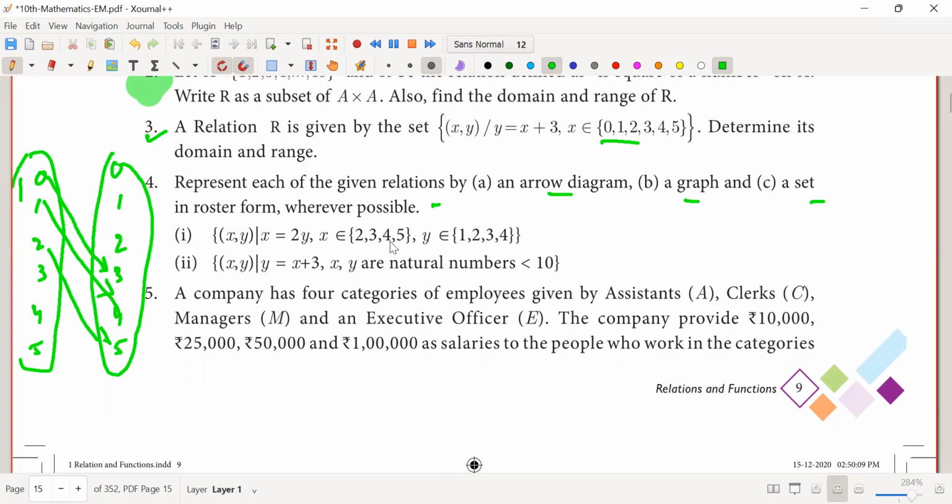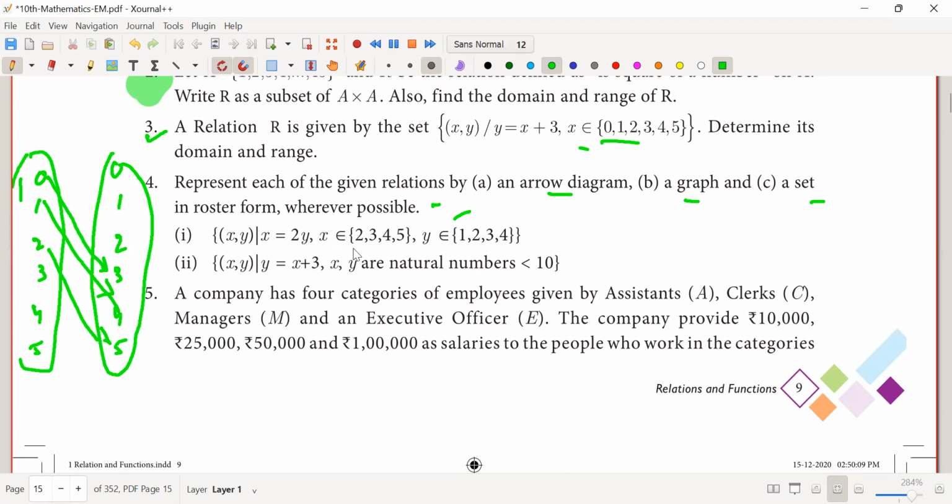Right? Oh, sorry. We have y also here. Here they just gave R. We have two sets here, x and y. X is related to y by 2y. All right. So if I substitute 2, what will I get? 4.